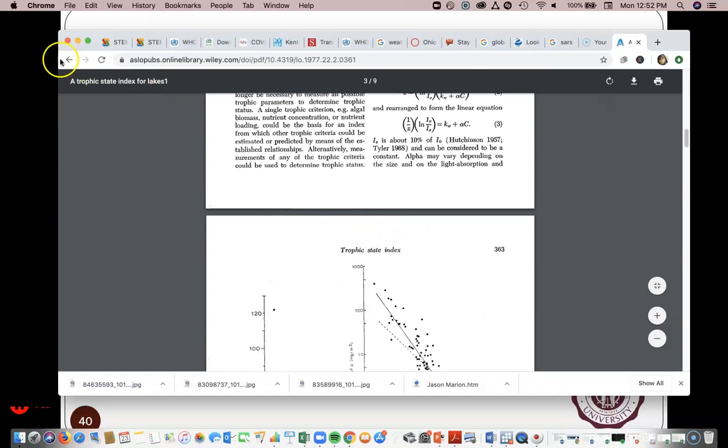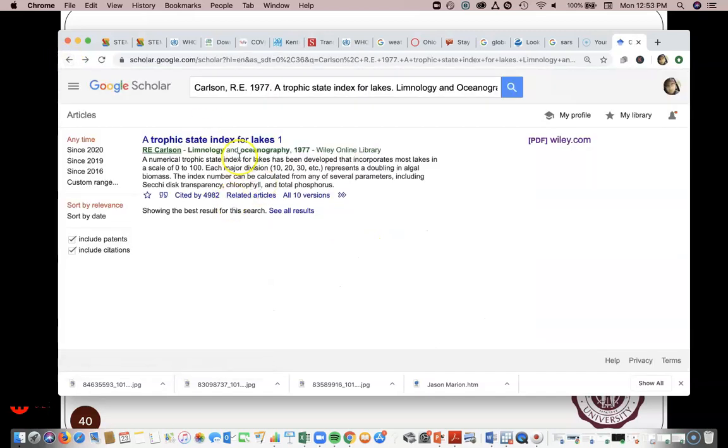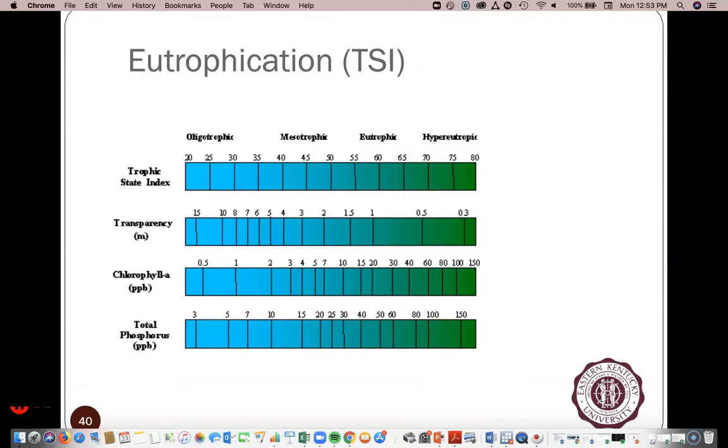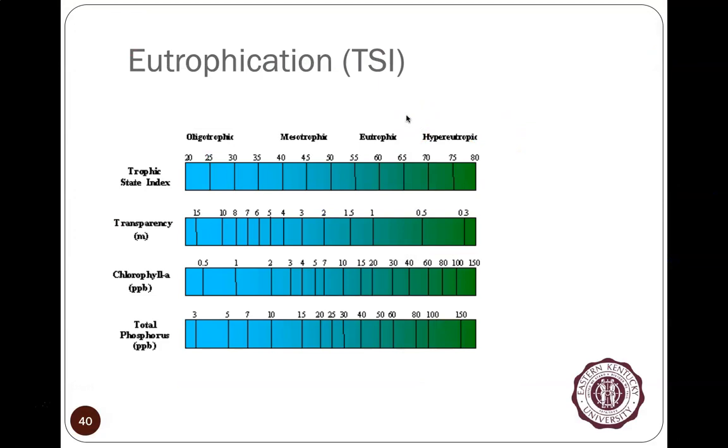It was published in the journal Limnology and Oceanography. So that's where the formula came from, this peer-reviewed paper, not from the website, even though the website was heavily influenced by this paper. This is what you would cite. All right, back to the video.